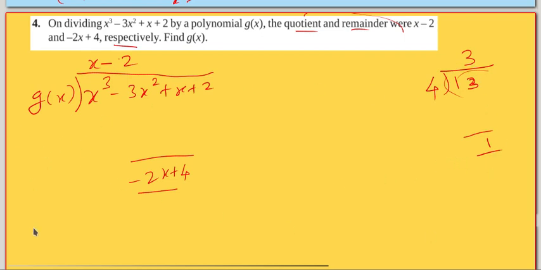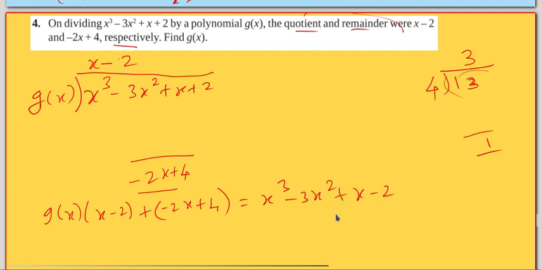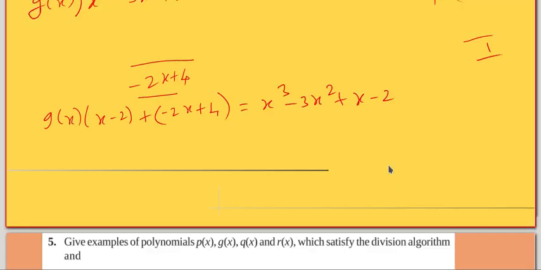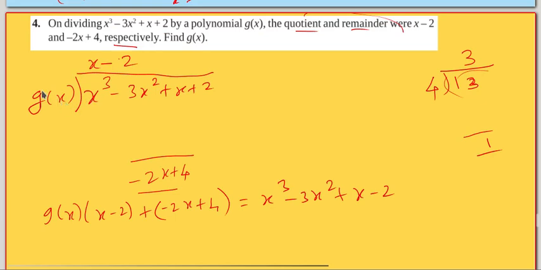In the same manner, here g of x into x minus 2 plus minus 2x plus 4, if we add the remainder, we will get x cube minus 3x square plus x minus 2. So divisor into quotient plus remainder equals dividend. t of x equals g of x into q of x plus r of x.